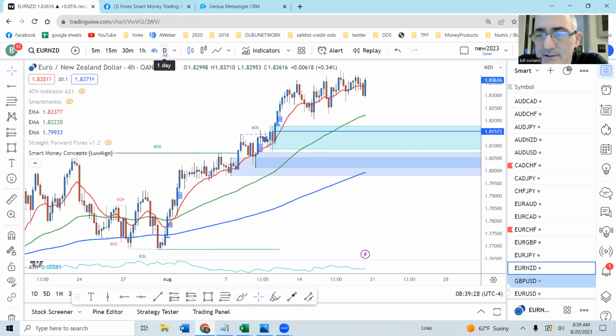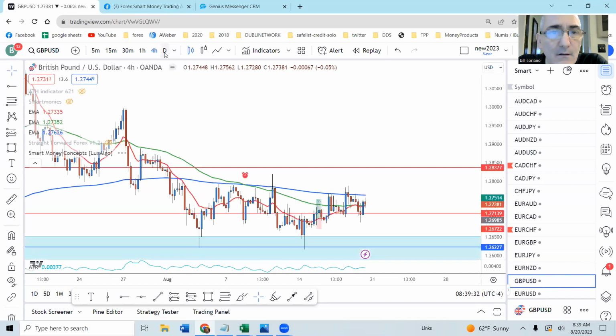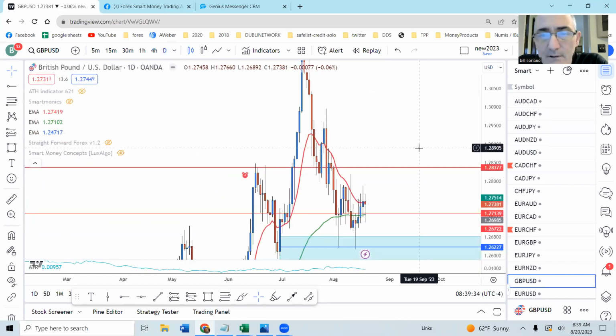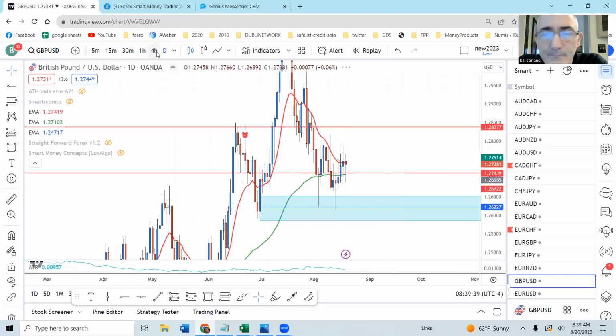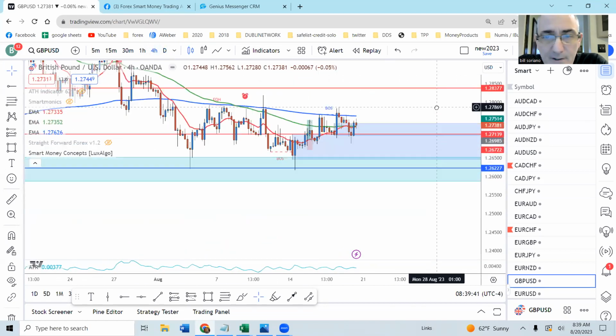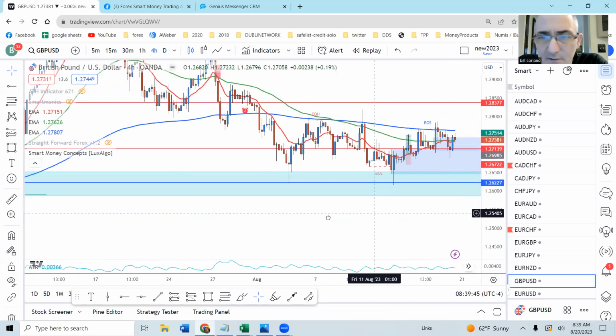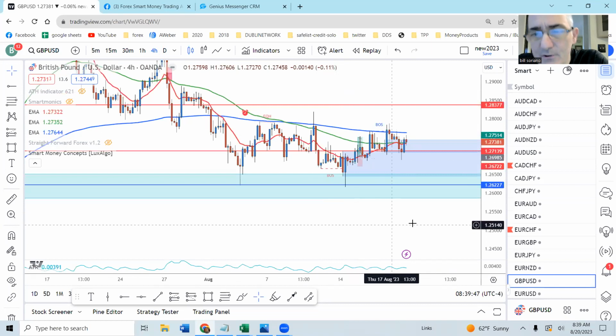GBPUSD, we're into the GBP pairs here, right? Daily chart, we are still in an uptrend, right? Still in an uptrend, and we're still looking to hit this area down here that looks like may have been hit a couple times already.